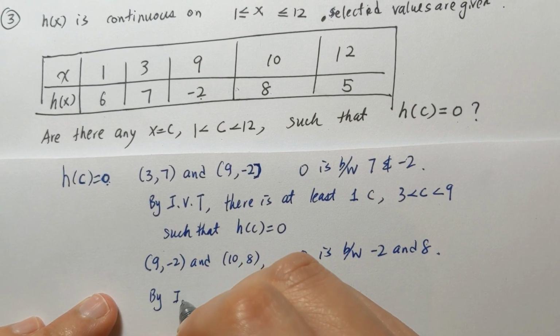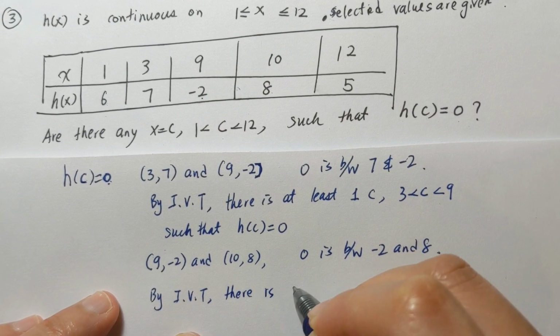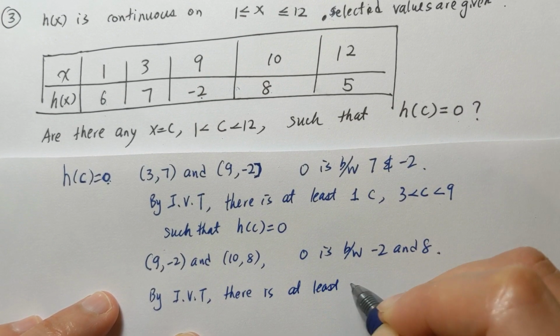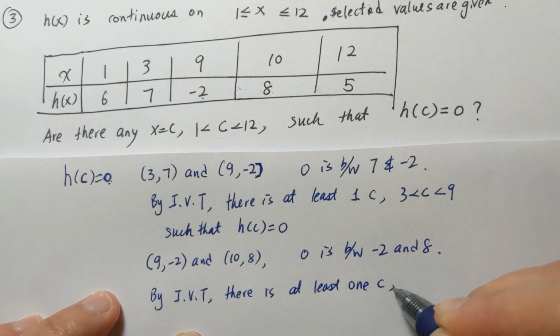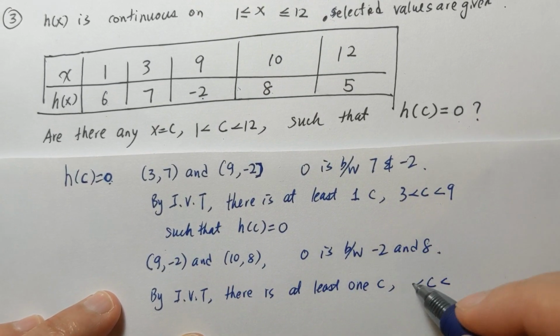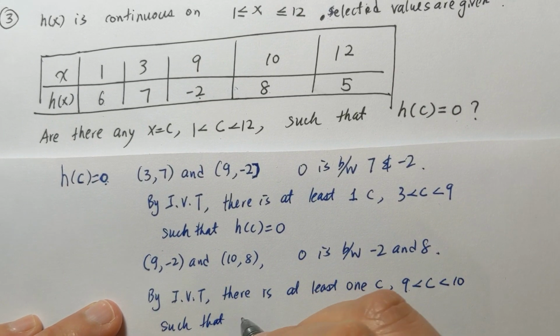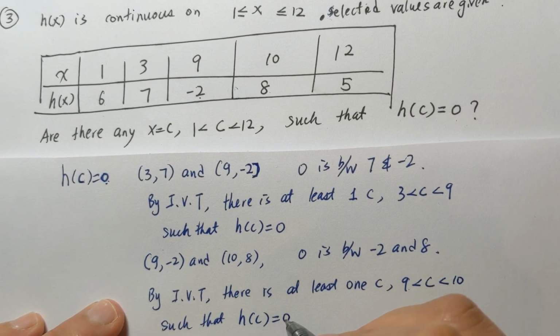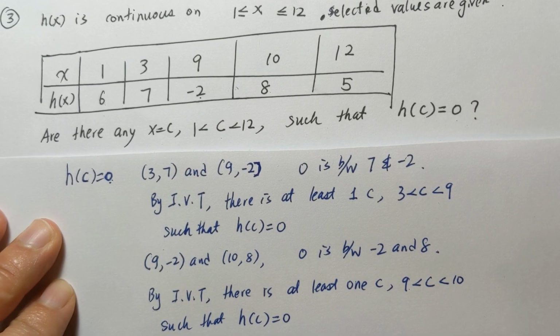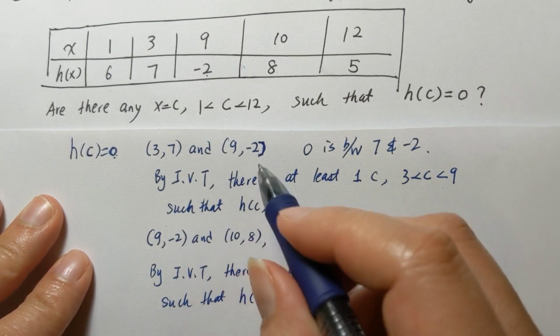So by the intermediate value theorem, there is at least one c, and c is between 9 and 10, such that h of c equals 0. So therefore we prove it.